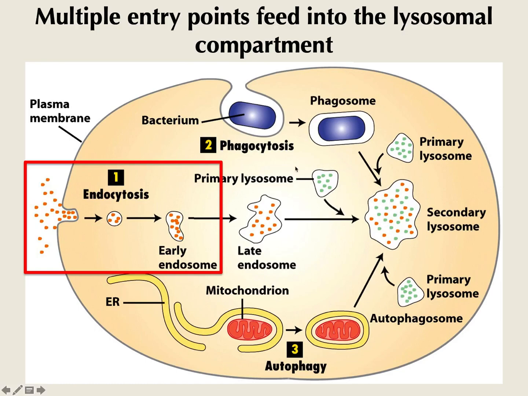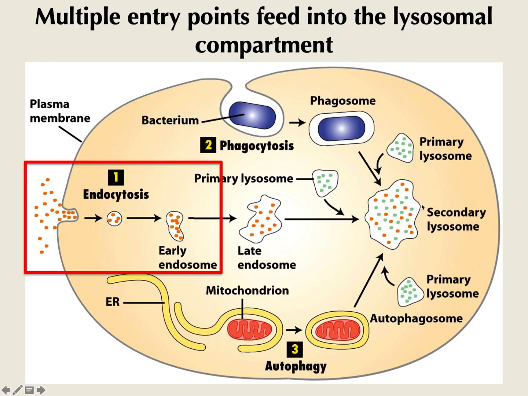The combination involves a primary lysosome, almost like a naive lysosome that's never seen any material to digest. Those have to fuse with either of these other vesicles to make the secondary lysosome, where the digestion and recycling happens.